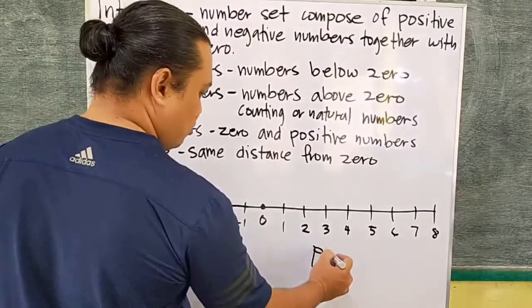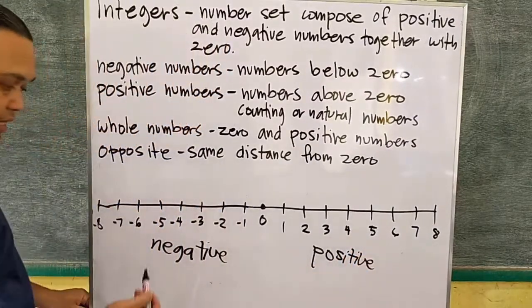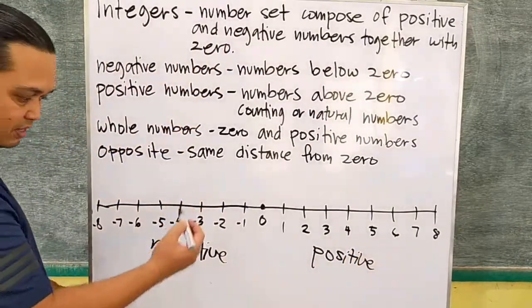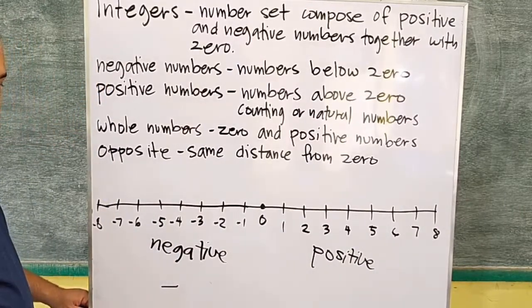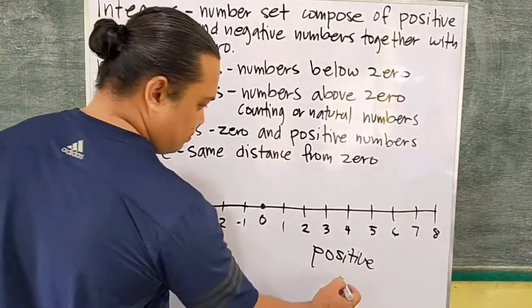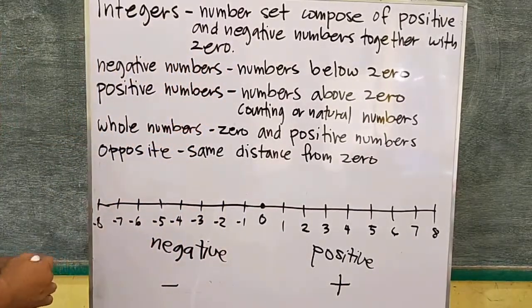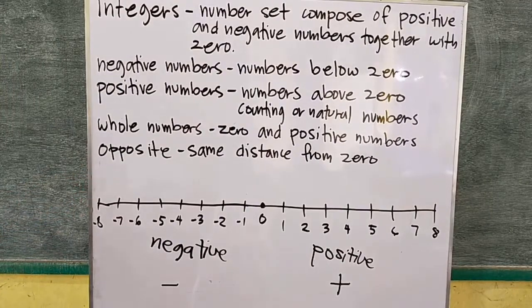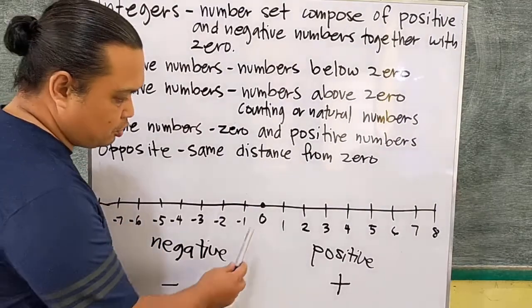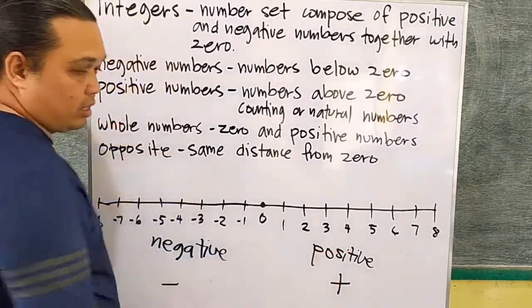They are called positive. Negative numbers have a negative sign of minus, while positive numbers have a sign of plus. Now, whole numbers are numbers from 0 and onwards.